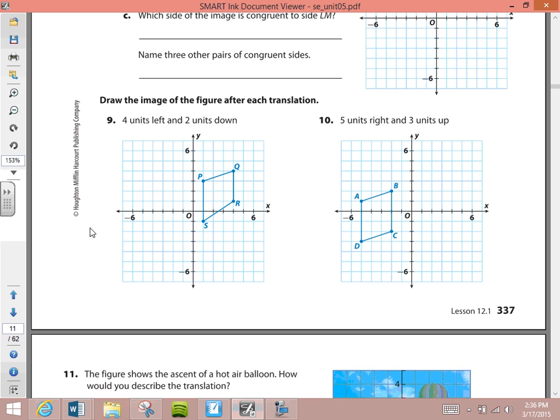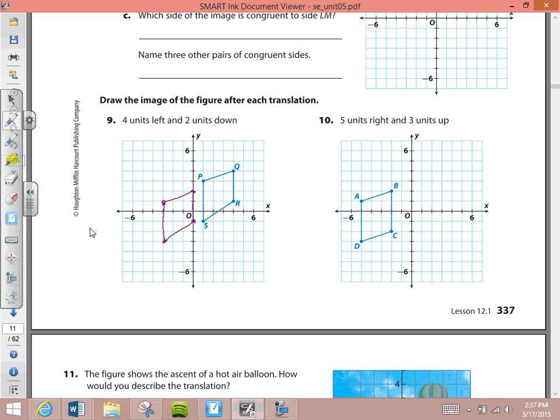Those were easy, right? What happened here? So all you have to do is movement. 4 to the left and 2 down. That was it.